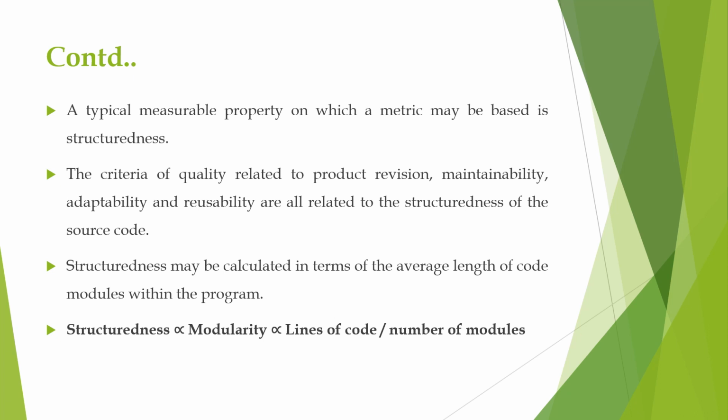So with fewer modules and more lines of code, the structuredness will increase. A well-structured code is characterized by only one entry point to and one exit point from each module. So we can say that the product is very structured when it has only one entry point and only one exit point.